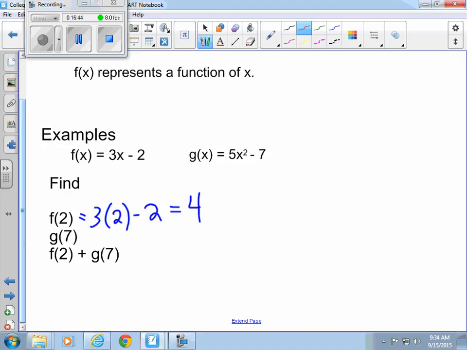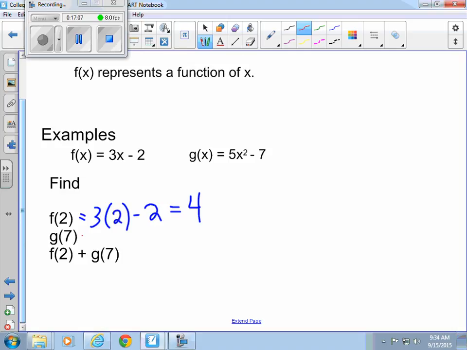So the f or the g is actually kind of the name of it. You're saying plug it into this function or that function, function f or function g. So it's a way to name different functions so that they're not all y. You can call it f, g, h. We have 10 different functions, and the name would tell us exactly which one to go to.